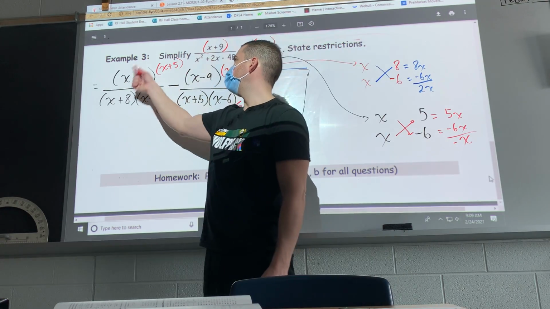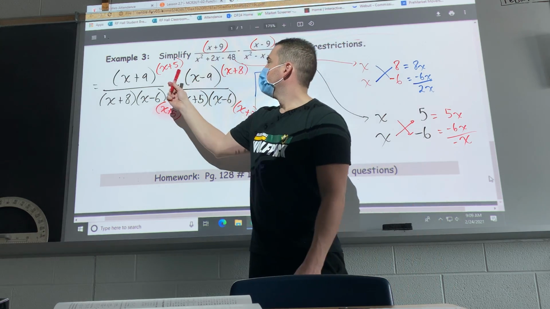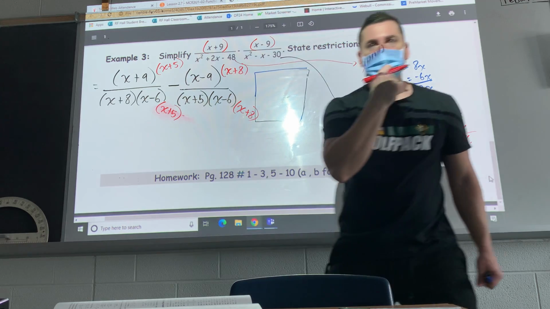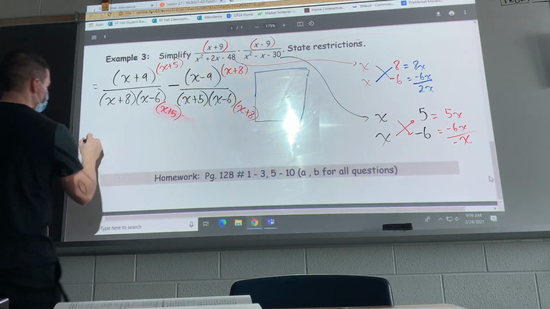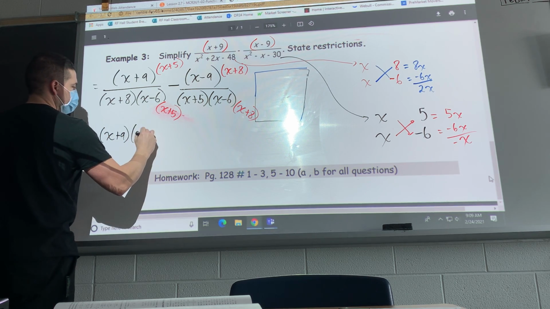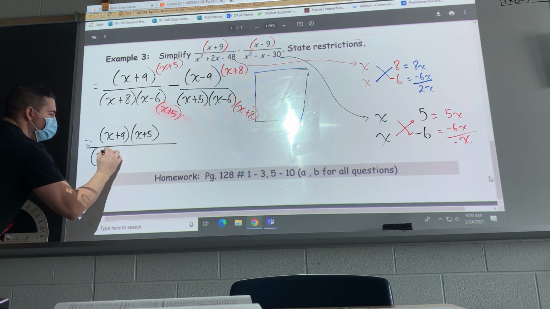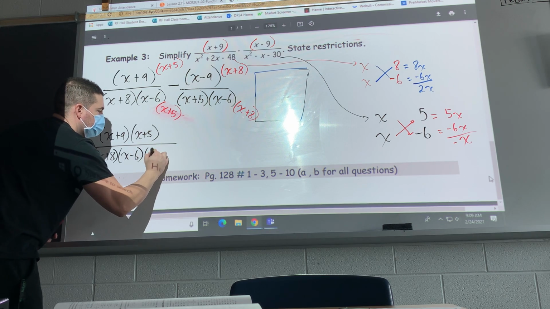So again, if you want to, you could expand at this step. But I'm going to write the extra step because we have to be very, very careful with this negative. So I'll show you in a minute. Okay, so we have x plus 9 times x plus 5 all over x plus 8, x minus 6, x plus 5.